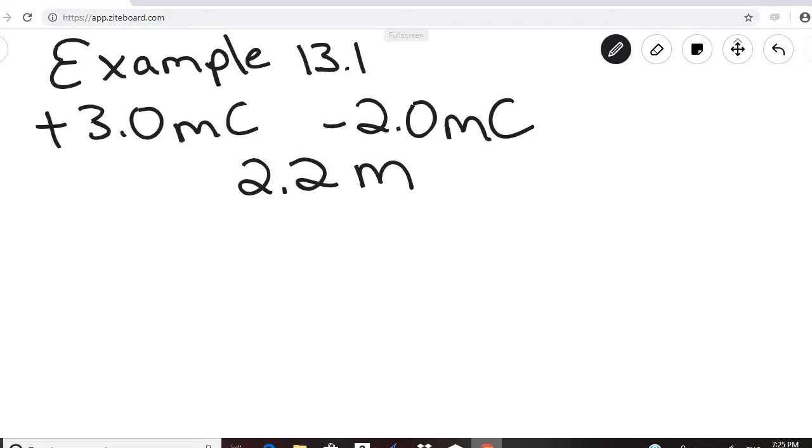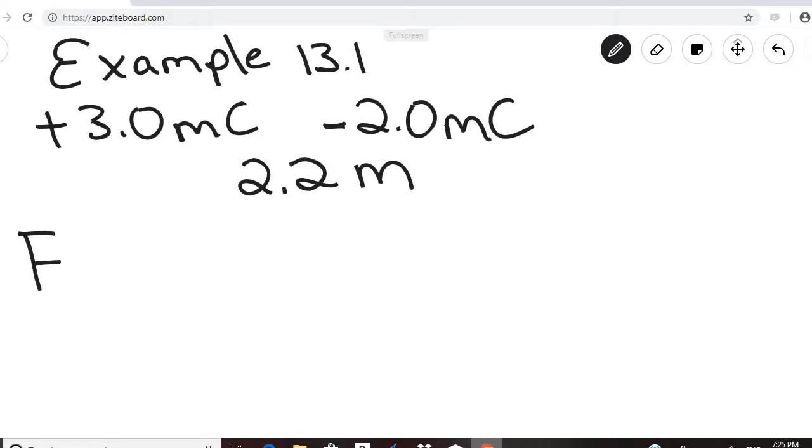The first thing you should realize is that these two charges are going to attract each other because they're opposite. But in the equation for Coulomb's law, we do not include the signs of the charges.